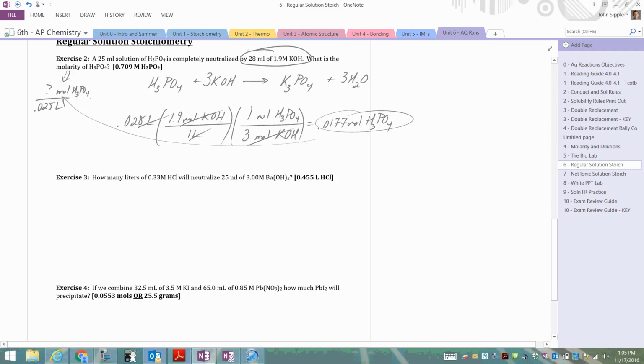Because that's why we did this whole operation. Right, so 0.0177 moles divided by 0.025 liters. We get 0.709 molar phosphoric acid. Beautiful.